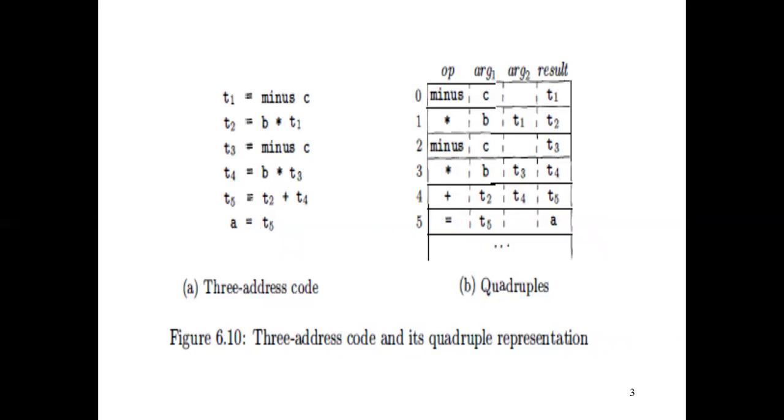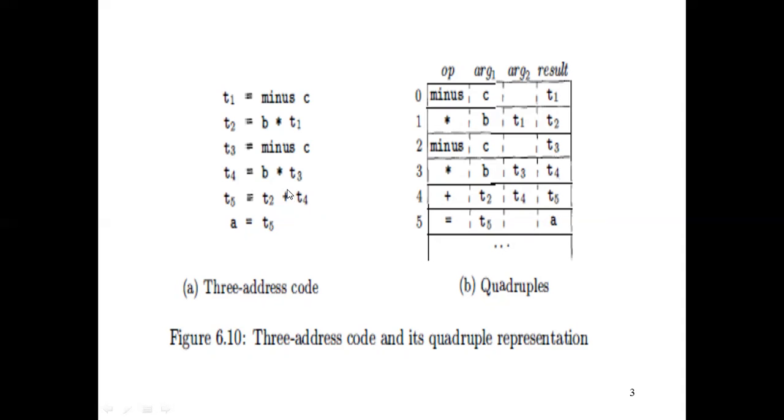So T1 is equal to minus C, and T2 is equal to B star T1. B star T1 means B star minus C. T3 again is minus C, and T4 is equal to B star T3, meaning B star minus C. And then T5 is equal to T2 plus T4.